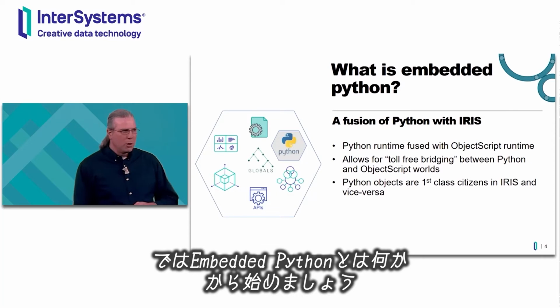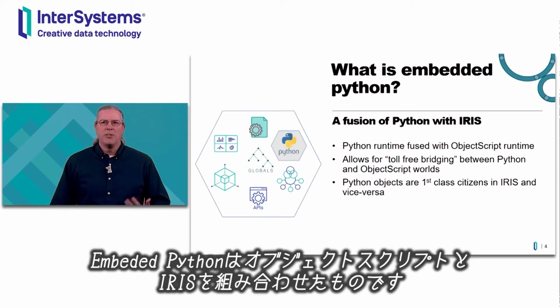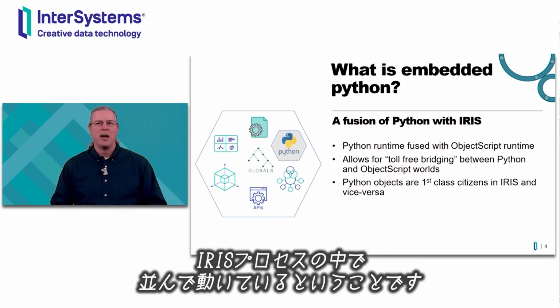So let's start with, what is Embedded Python? Embedded Python is a fusion of Python with ObjectScript and Iris. That is, both the Python virtual machine and the ObjectScript virtual machines are running side by side inside the Iris process.